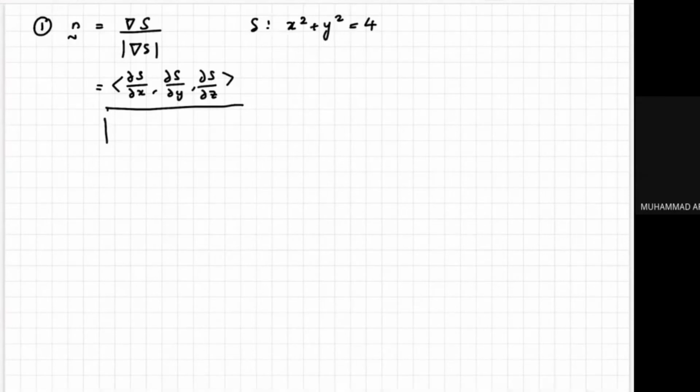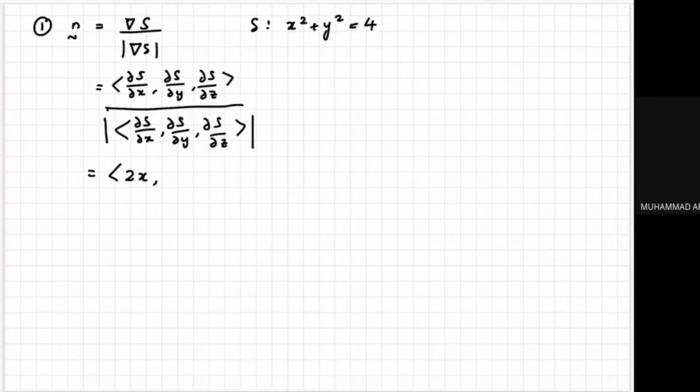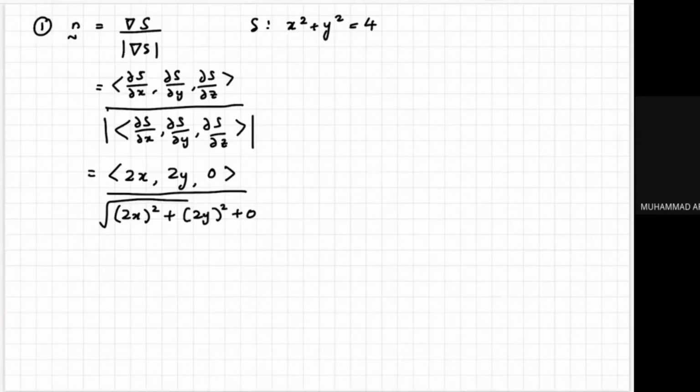Del S del X is equal to 2x, del S del Y is equal to 2y, del S del Z is equal to 0, and the magnitude will be the square root of 2x squared plus 2y squared plus 0 squared.